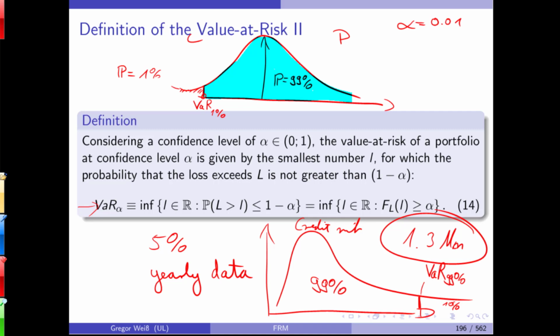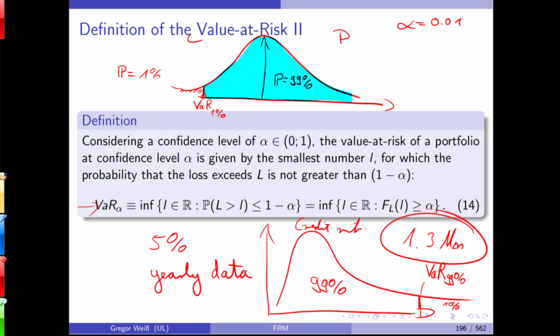It will only tell you that with alpha percent probability, you will have a loss that is 1.3 million or above. So be careful when it comes to value at risk. Many German bankers, well, many global bankers didn't quite get this. A quantile separates probability mass from probability mass, not losses from losses.